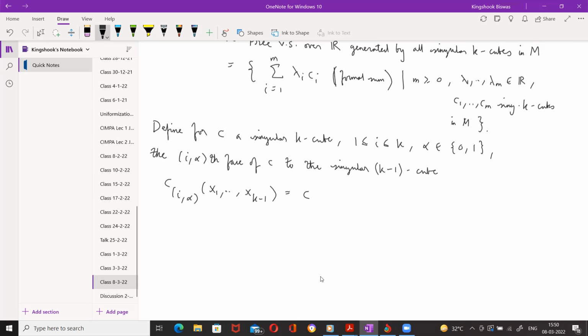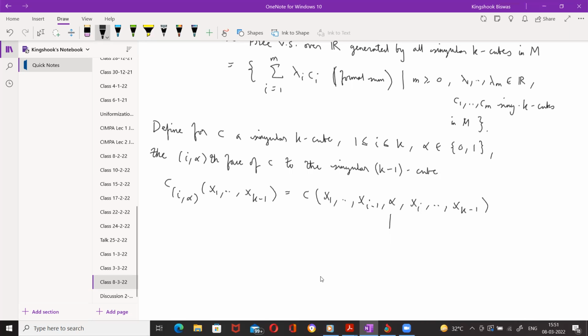So what you do is you take C, and in the ith spot, you insert an alpha. So alpha is either 0 or 1. You insert alpha in the ith spot, and then you insert the rest of the xi's, x_i to x_{k-1}. Is this clear?